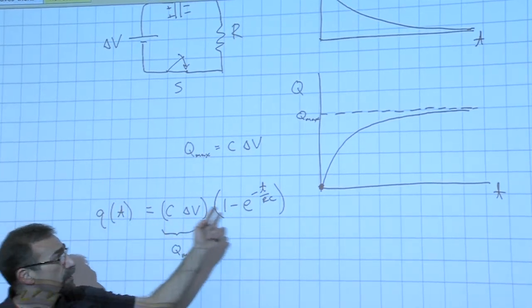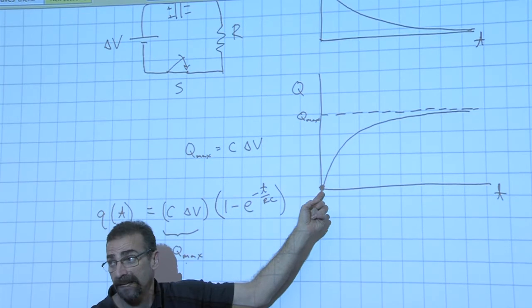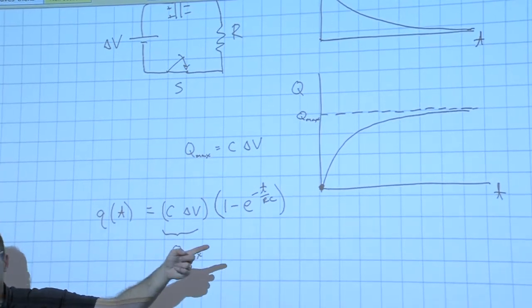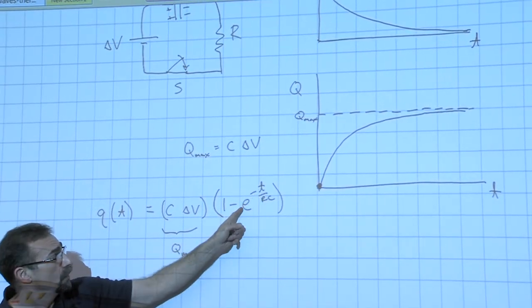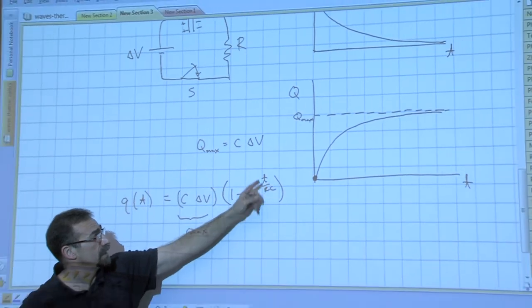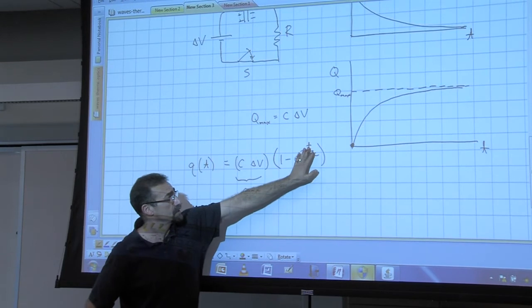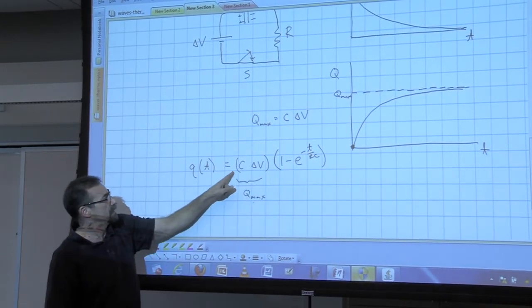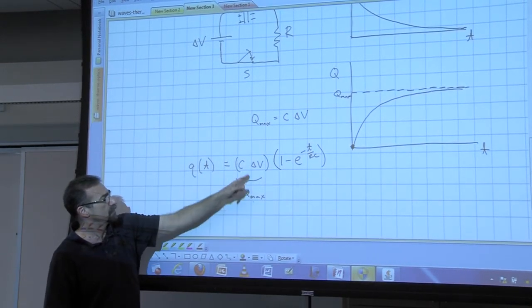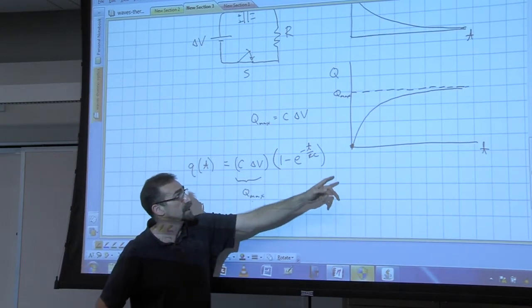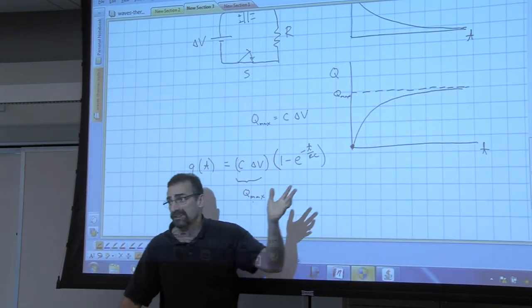So we get 0 charge at t equals 0. And when t equals infinity, you get e to the negative infinity. So 1 over e to the infinity, that's 0. This goes to 0. You just get Q maximum. Q is equal to Q maximum as t goes to infinity. And that's what we get when we're charging a capacitor.